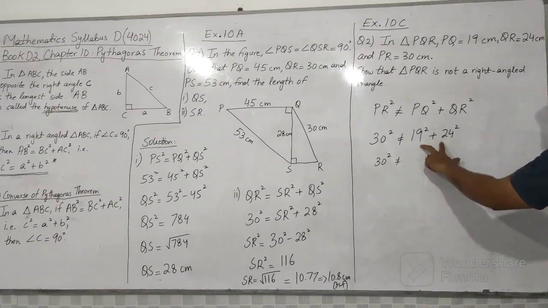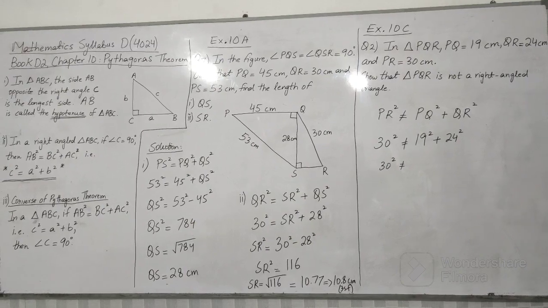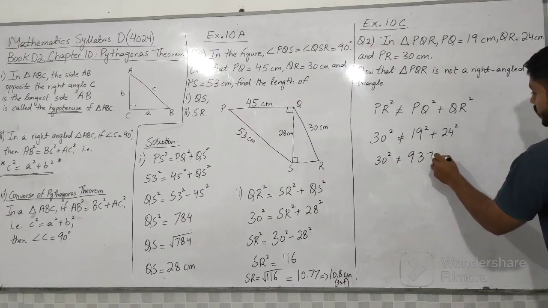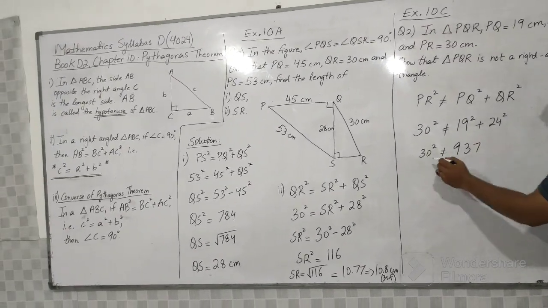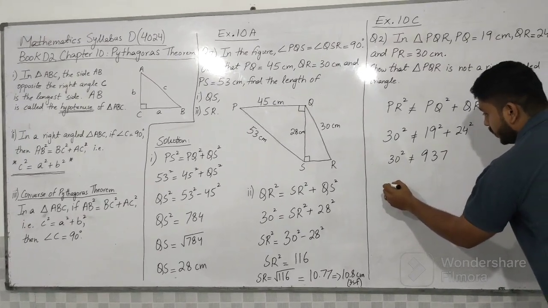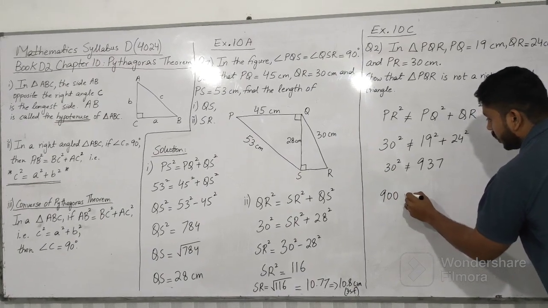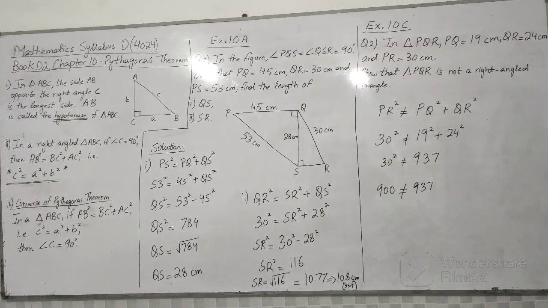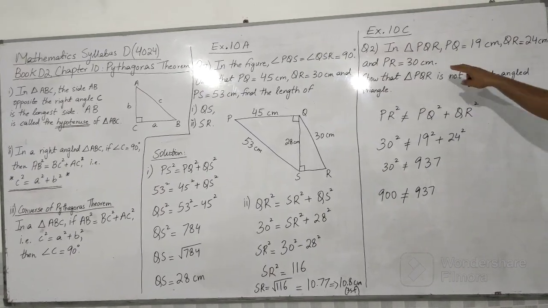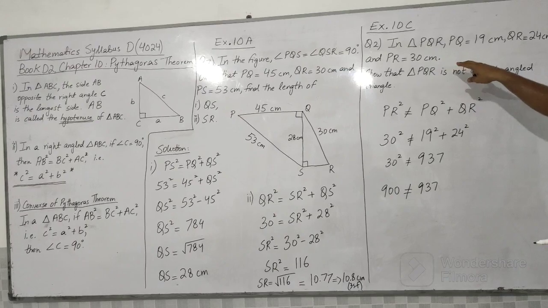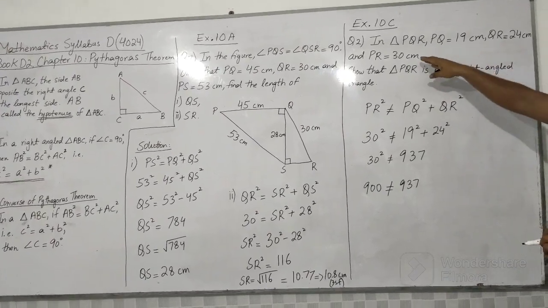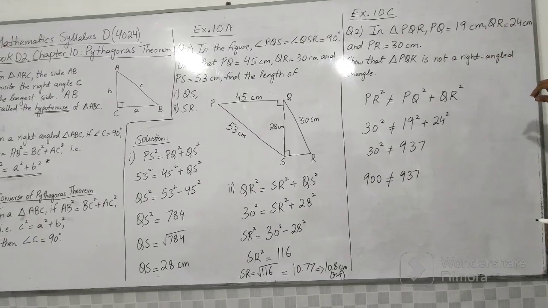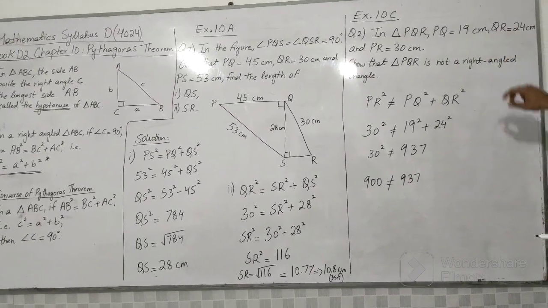You can calculate the squares of these two numbers in the calculator, which is coming at 937. So what is the square of 30? It's 900. So 900 is not equal to 937. So now you have shown that the square of the longest side of this triangle is not equal to the sum of the squares of the other two sides.